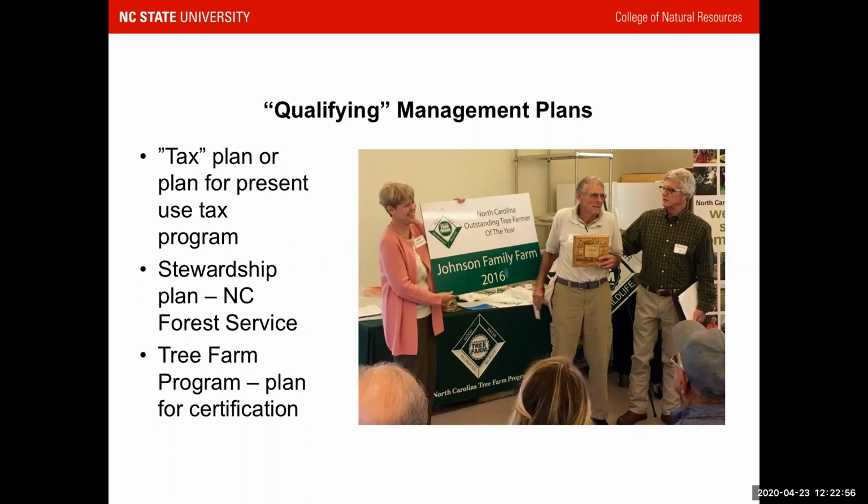And then there's also the tree farm program. Here in North Carolina, we do have the forest certification program through our tree farm program. So those plans are a lot more detailed and require a lot more elements than the normal tax plan. And we'll talk about those a little bit later.